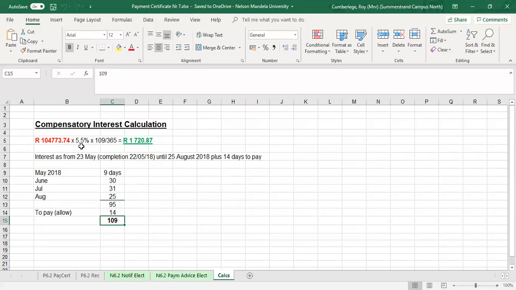So in this case, it's just a straight calculation, 5.5% over 109 days, based on that outstanding amount due to the contractor of 104,000, and that gives me the figure of 1,720 and 87 cents. So that is the compensatory interest that the contractor is entitled to.